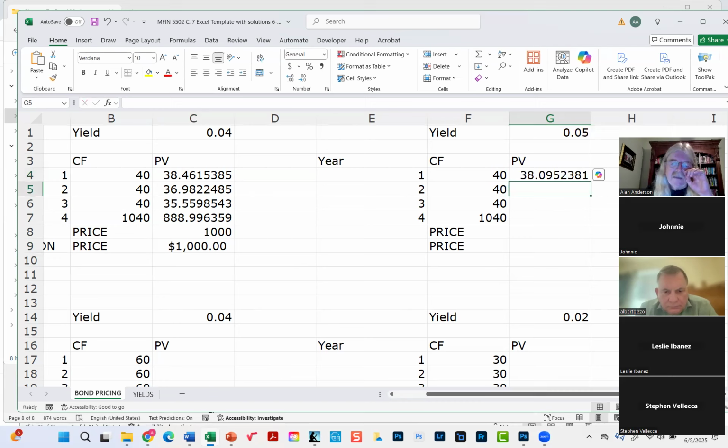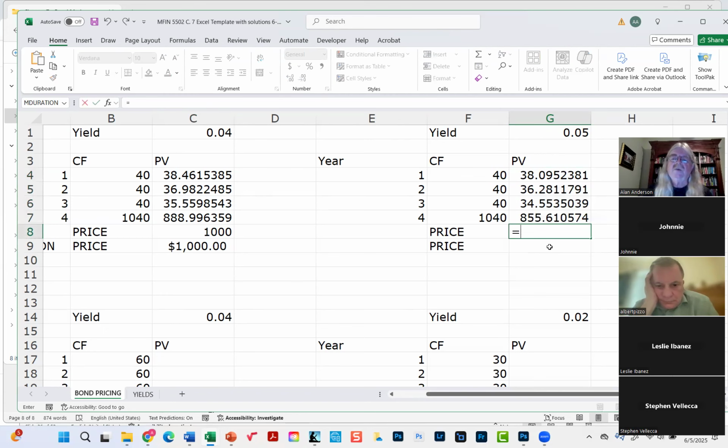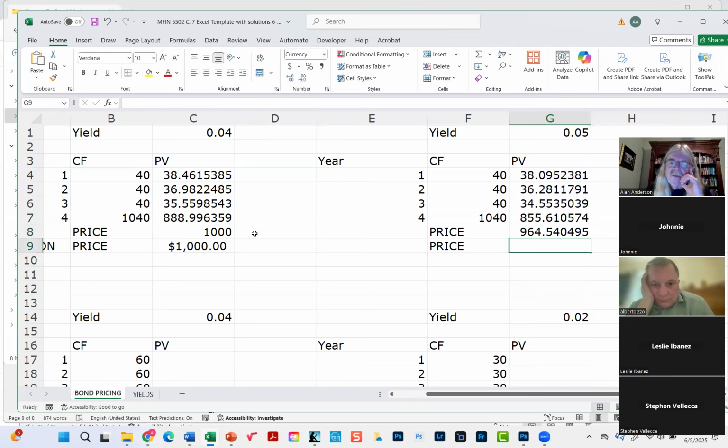And if you notice, with a higher yield, the present values are lower. And if they're all individually lower, then of course it stands to reason that the price is also going to be lower. Quite a bit. It went down by over $35.